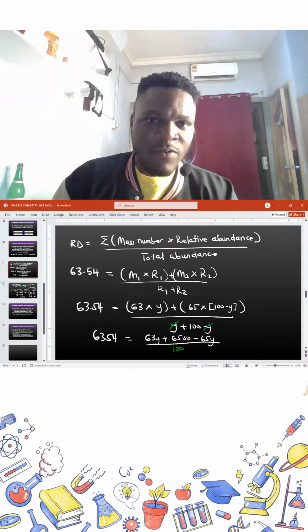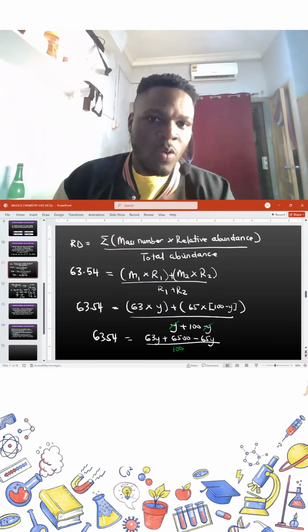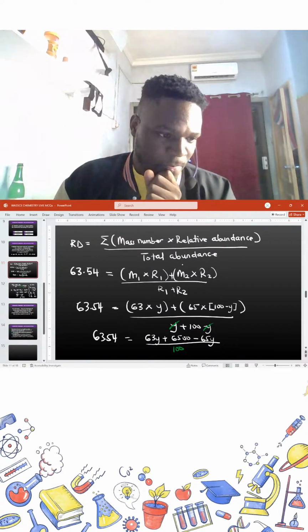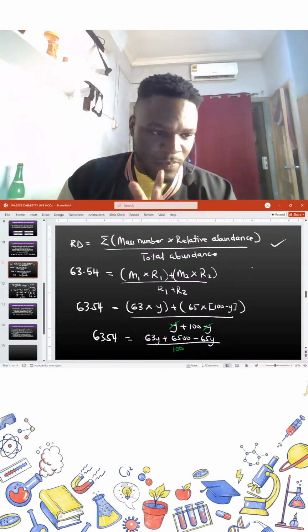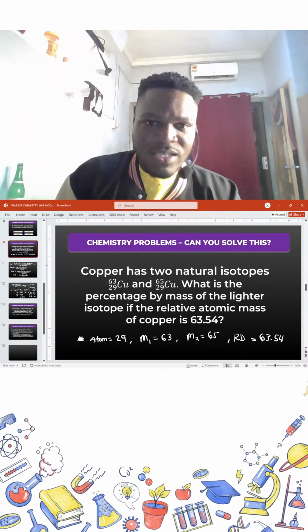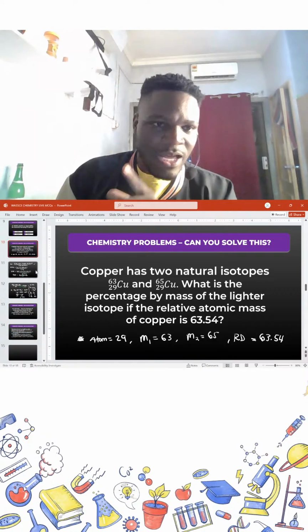This is the formula. We are saying that the formula is the mass number multiplied by the relative abundance all over the total abundance. Are we okay? So at this point, I'm sure there's no problem. Now the question: we have copper 63 and then copper 65.